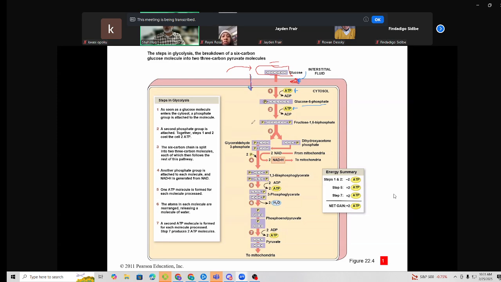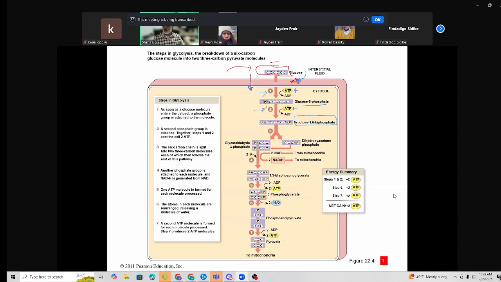Now it has 2 phosphates in 1 glucose molecule, and this is called fructose 1,6-bisphosphate. Also remember, which is not showing here, for each step we have different enzymes.